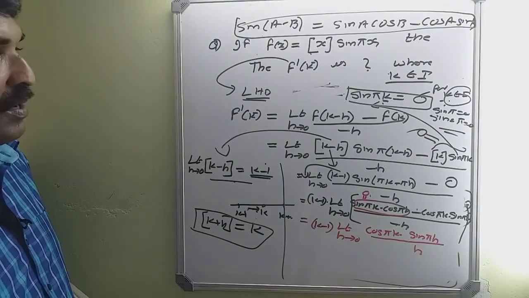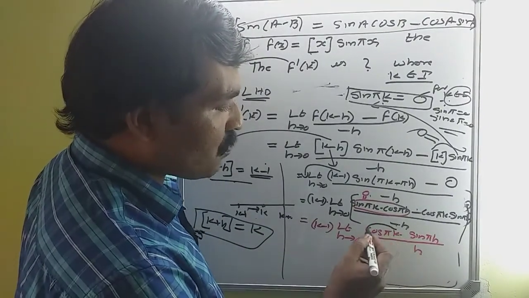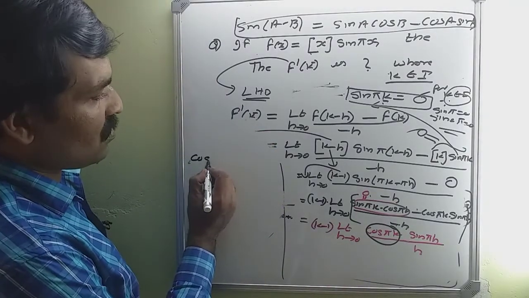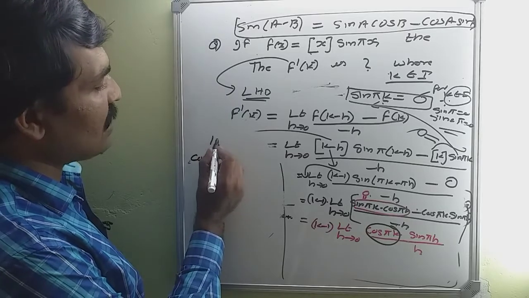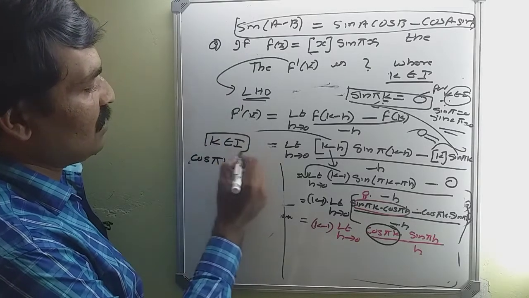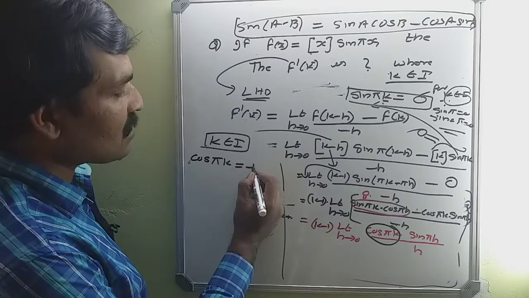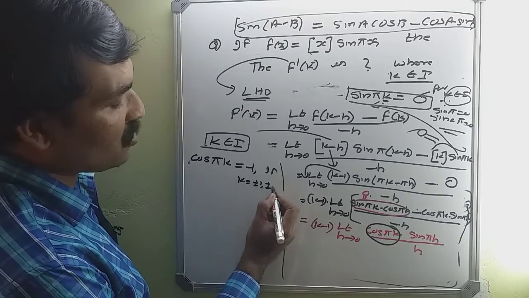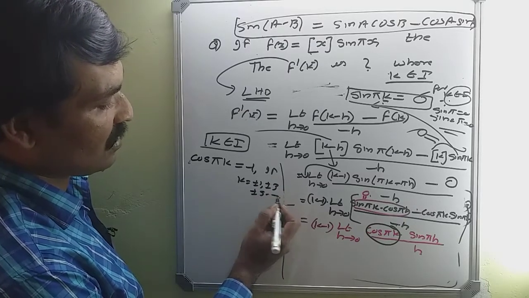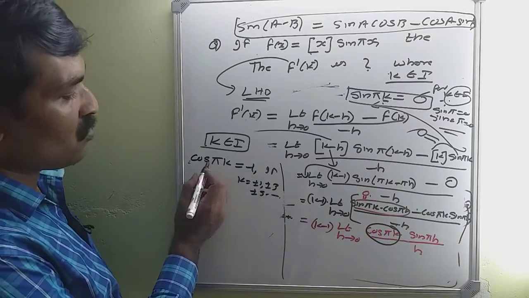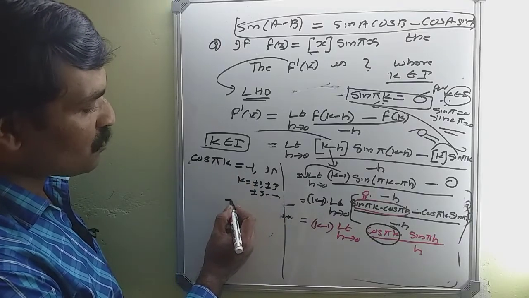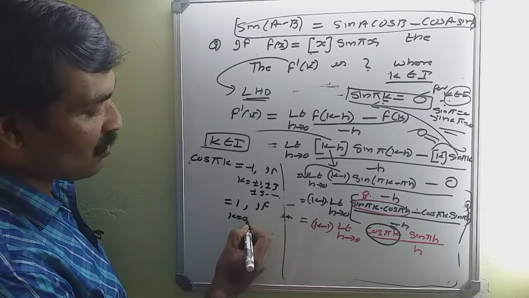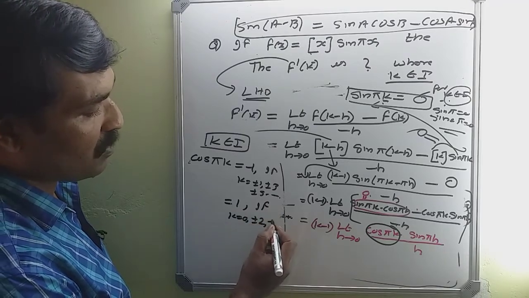Okay. Now, what's the value of cos pi k? Here k is an integer. Cos pi k is equal to minus 1 if k is equal to plus or minus 1, plus or minus 3, plus or minus 5, etc. That is, k is an odd integer. And cos pi k is equal to 1 if k is equal to 0 or plus or minus 2, plus or minus 4.